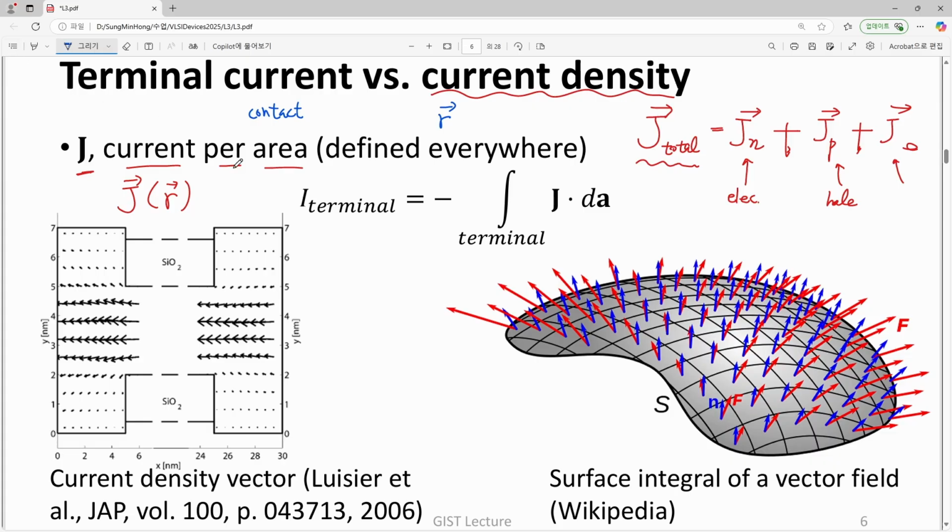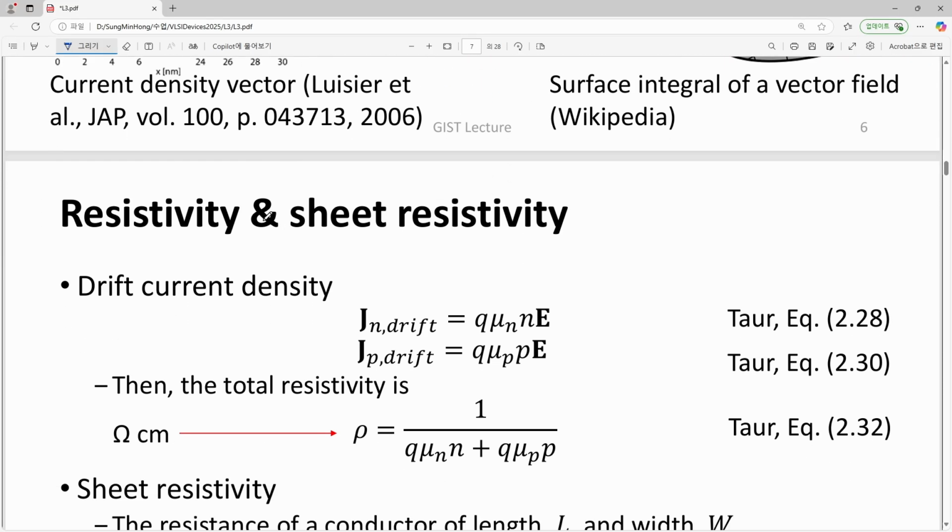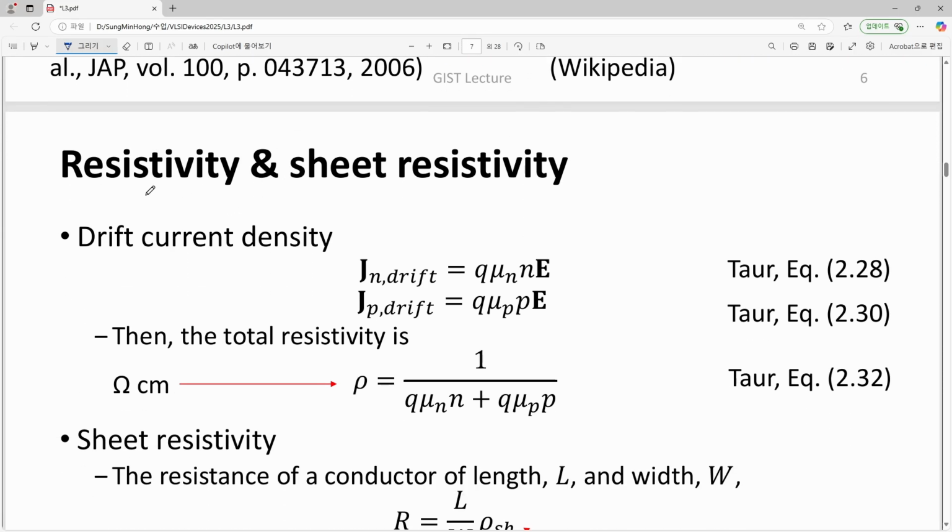Okay, then now as you can see, there can be different current densities due to electrons and due to holes, and of course, depending on the transport mechanism, the drift component can contribute, and later also the diffusion component can contribute. Anyway, the drift current densities are in quite a unified form.